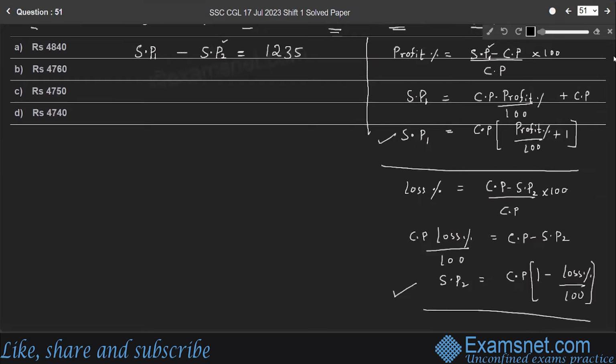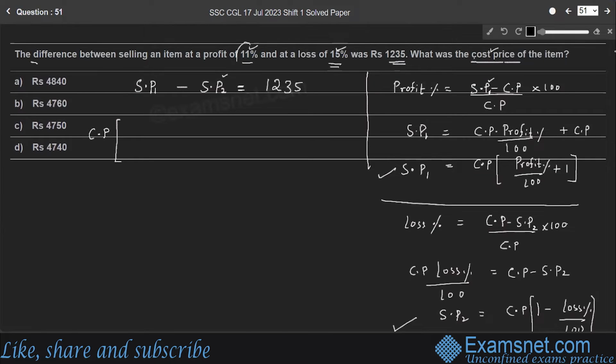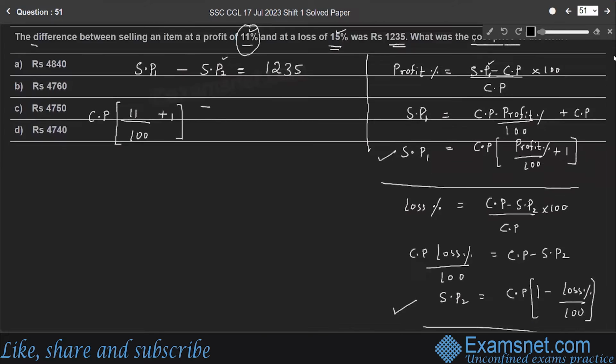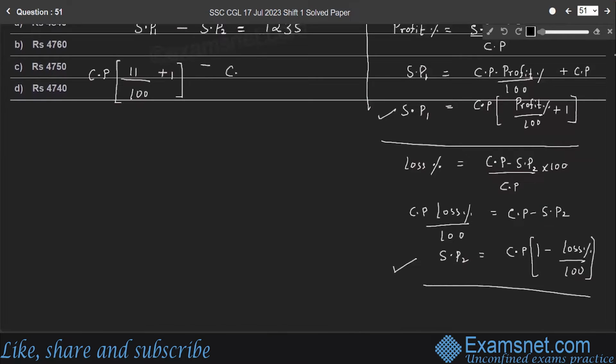Selling price 1 is cost price into profit percentage, here given as 11%, by 100 plus 1, minus SP2, the selling price when there is a loss, which is cost price into, with this whole term inside the bracket, 1 minus loss percentage, 15 by 100, is equal to 1235 rupees.